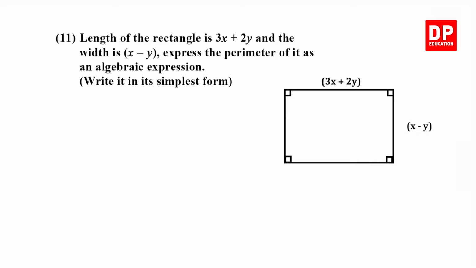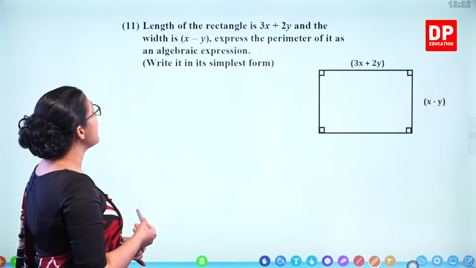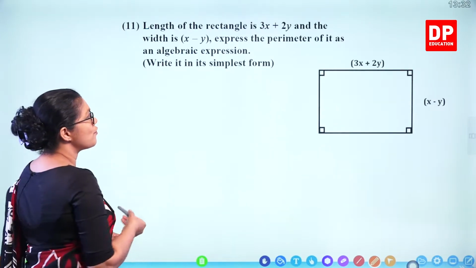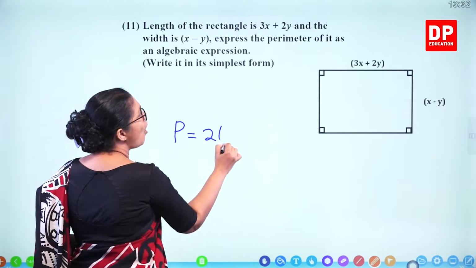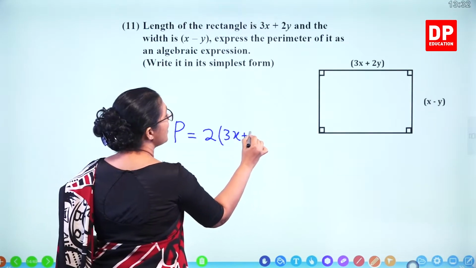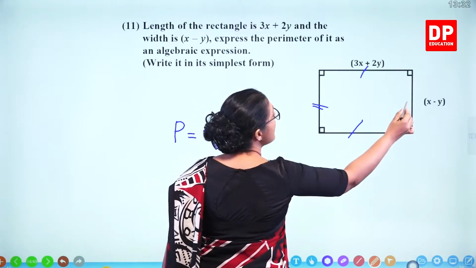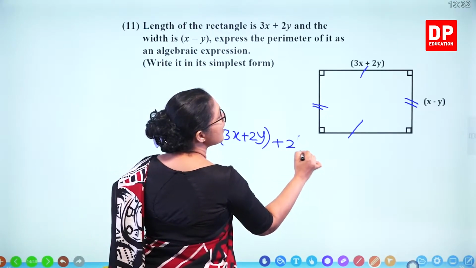Question number 11. The length of the rectangle is 3x plus 2y and the width is x minus y. Express the perimeter of it as an algebraic expression. Write it in its simplest form. So you have to simplify. So what's the perimeter? Double of 3x plus 2y, because these two lengths are equal, plus double of x minus y.